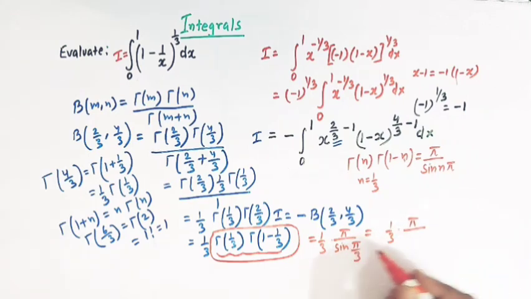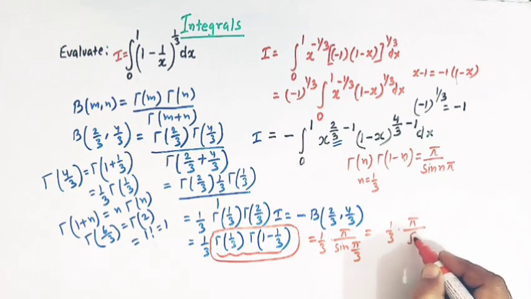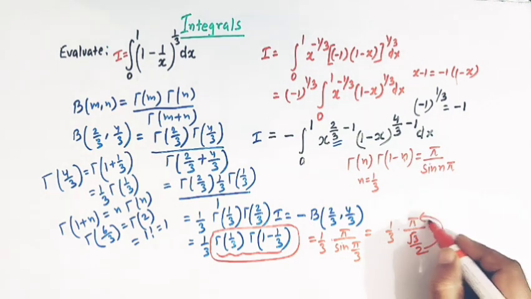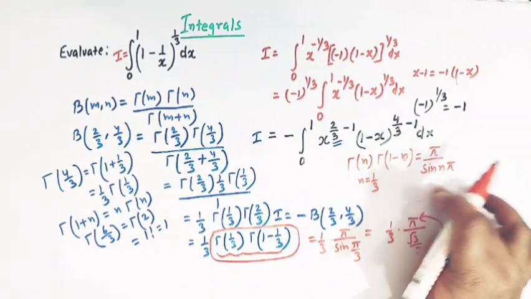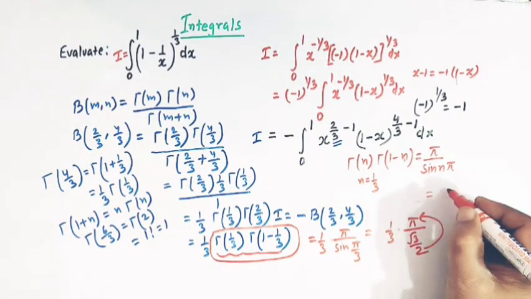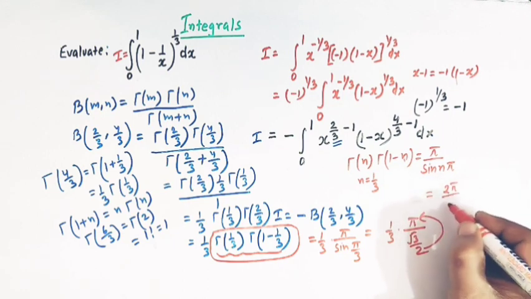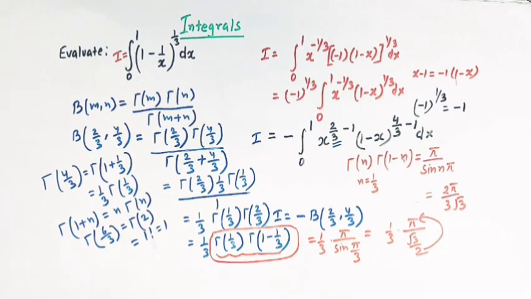Sine pi by 3 is sine 60 degrees, which is equal to root 3 over 2. Now taking 2 to the numerator, the value of this expression is equal to 2 pi over 3 times square root of 3.